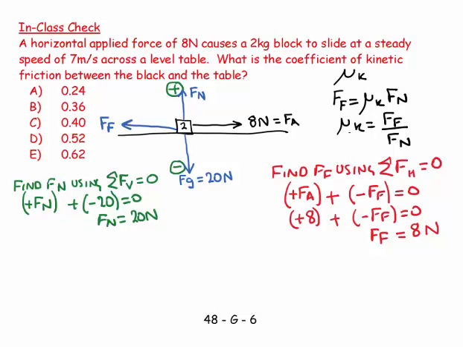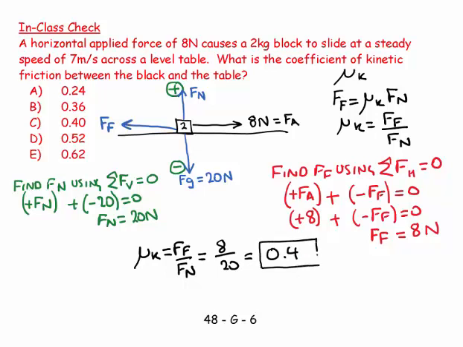So the final step is to go back to the beginning and say mu k is equal to Ff over Fn, which equals 8 over 20, which equals 0.4. And there are no units for the coefficient of friction. So there we have it.